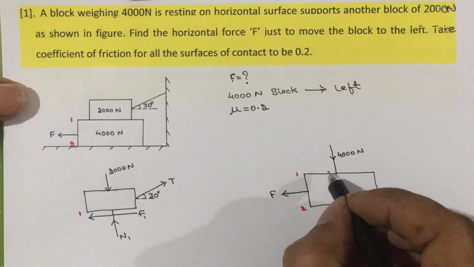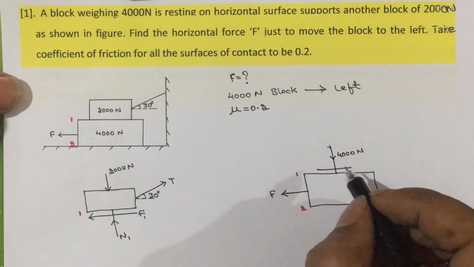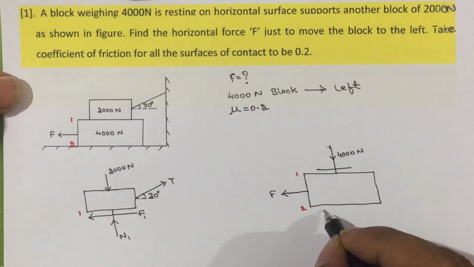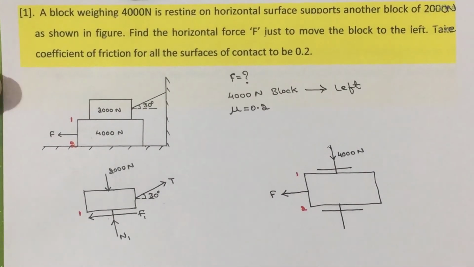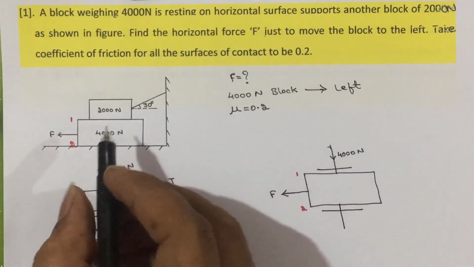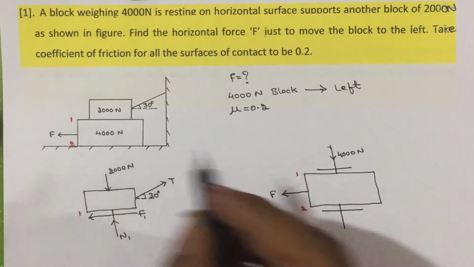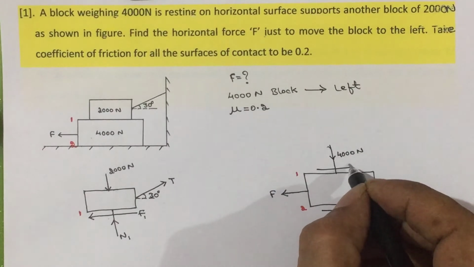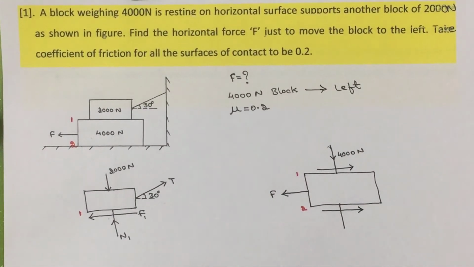At the first contact surface, draw one parallel line and one perpendicular line. Now again at the second contact surface, draw one parallel line and one perpendicular line. Now this 4000 Newton block is moving leftward, so the friction force will act rightward at both contact surfaces.